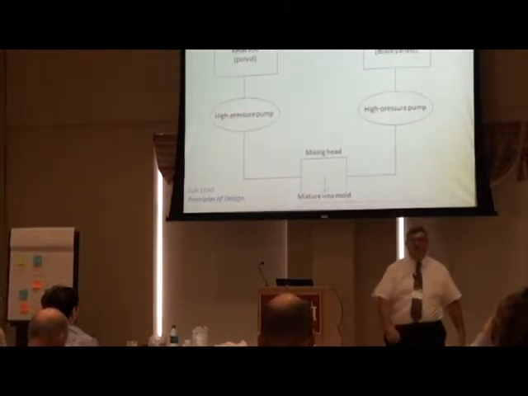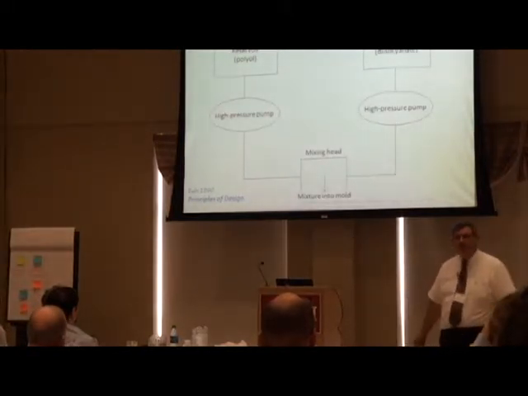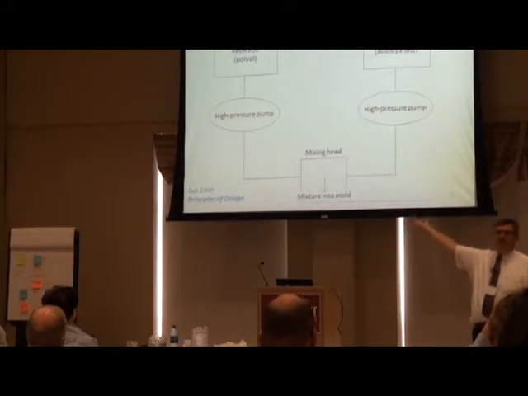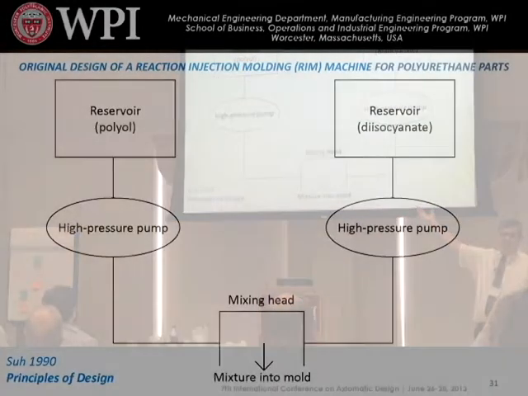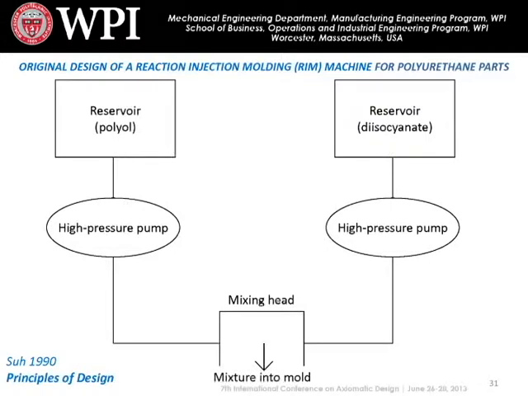All right, so let's get out of there and go back onto something engineering-wise. Who's read Principles of Design, seen that book, besides David and myself? One of the things that Dr. Suh has in this book is that he was examining a reaction injection molding machine in some kind of commercial environment.